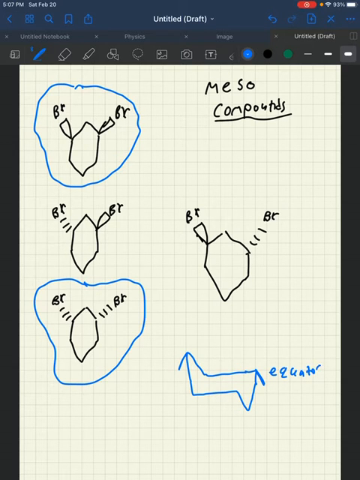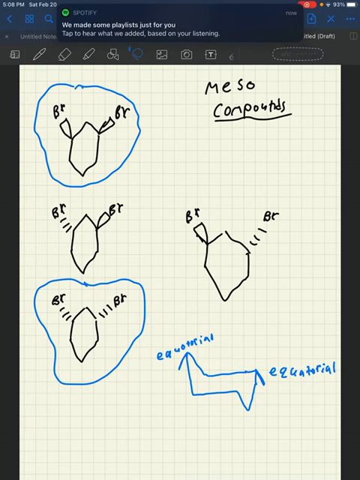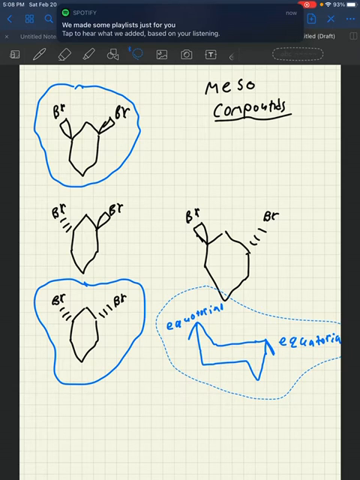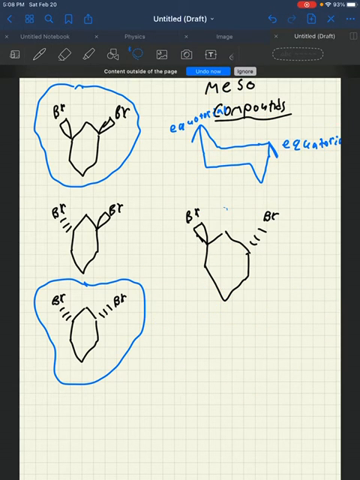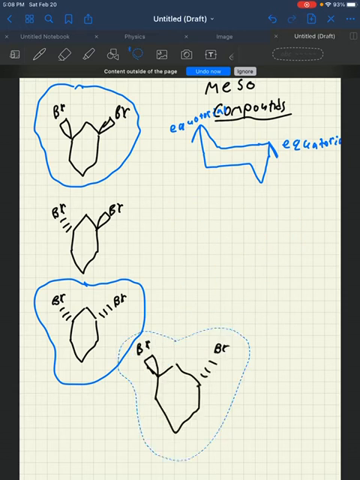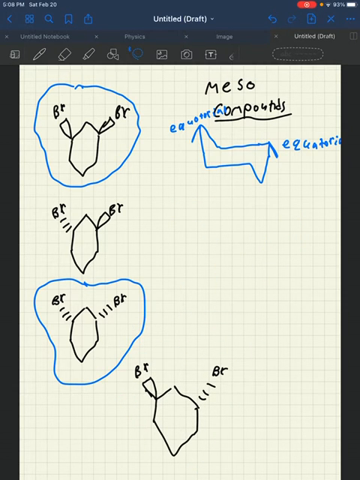This is going to utilize your chair flipping skills, guys. And this is also in equatorial. Now if I flip this, let me move this up to here, and this up to here, and this up to here. So we flip this.